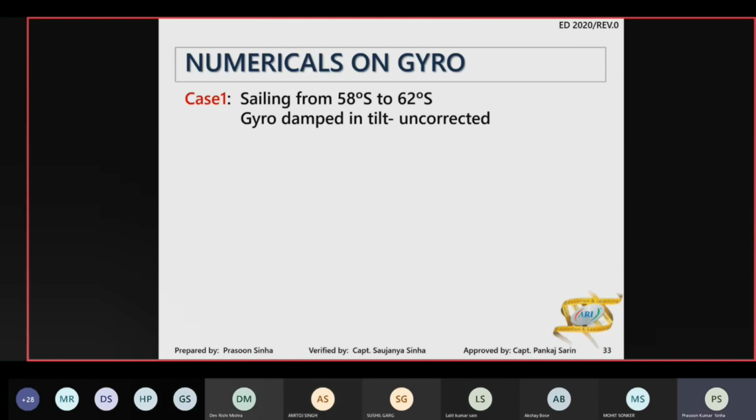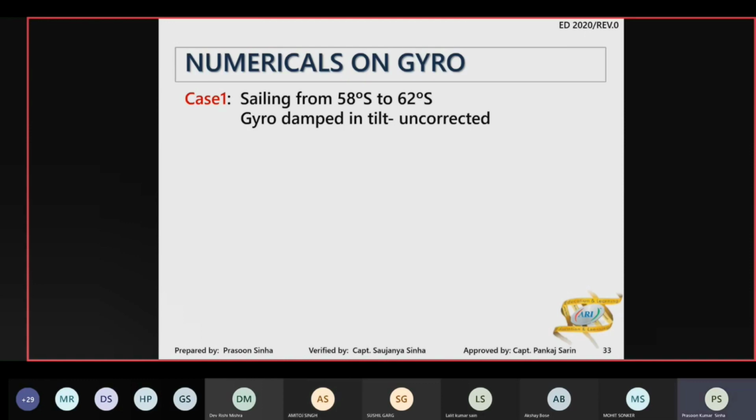You can feed in the value of latitude where you are sailing, either manually or from the GPS. Then the gyro compass calculates the error from that same latitude by itself and makes its own correction. That means manually you don't have to correct latitude error. The gyro is showing you the correct reading, which is after the correction.